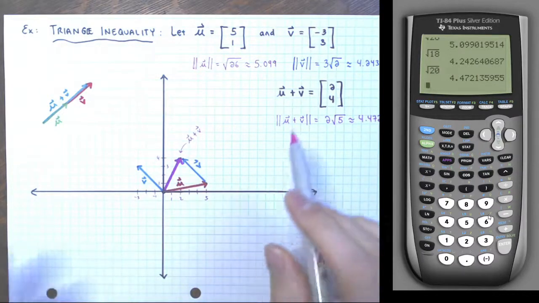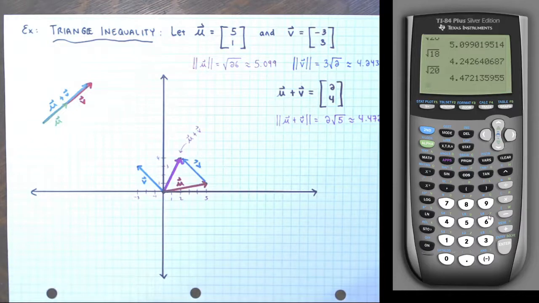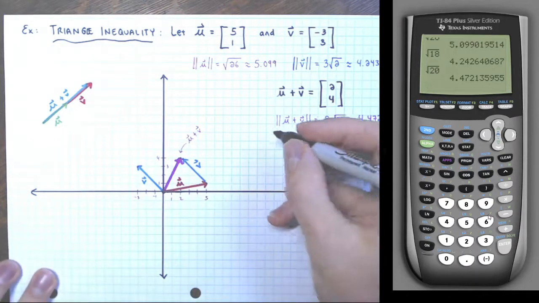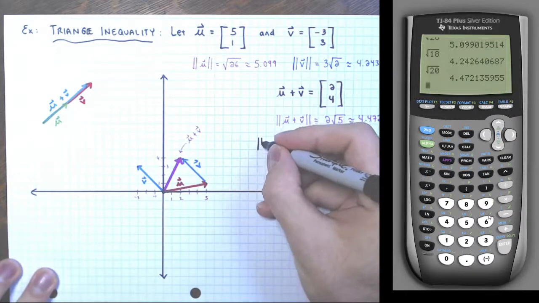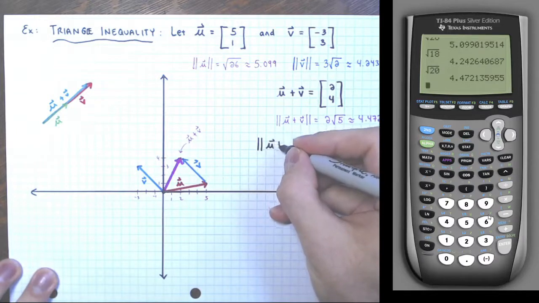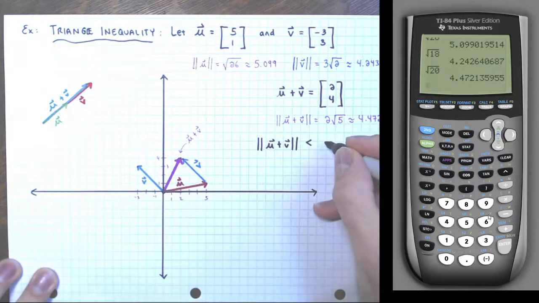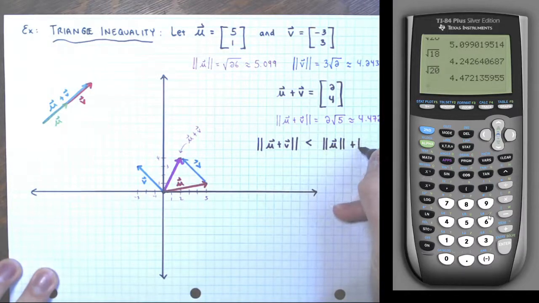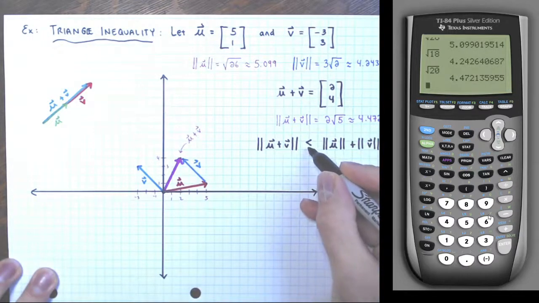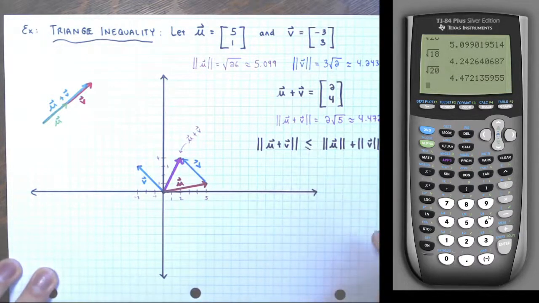And you see that the triangle inequality is holding, right? The magnitude or the norm of u plus v is indeed less than the norm of u plus the norm of v. Right? And if you're less than, you're definitely less than or equal to. Right?